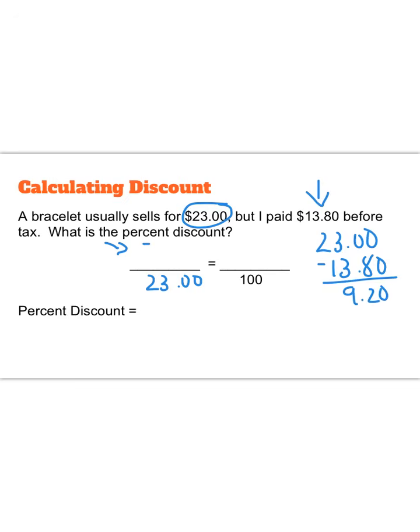So what you saved is going to go up there, and I don't know the percent discount. So again, this took an extra step to help us figure out our problem. So we're going to take $9.20, that's a decimal right there, times 100, and whatever we get, we're going to divide by 23, and it looks like that is a 40% discount.